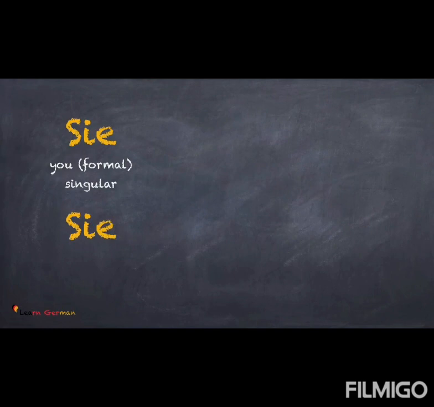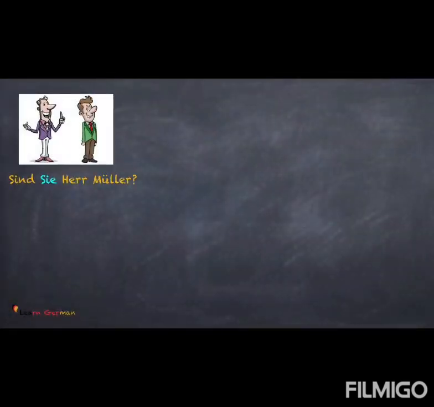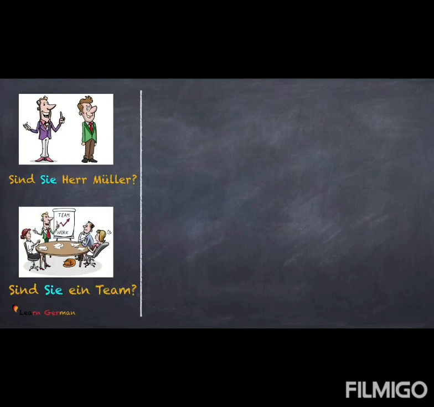So the next one is Sie in formal form, singular and plural. For both of them, the possessive pronoun is the same, Ihr or Ihre. Let's see their usage. For the first situation, where it's Sie singular: Sind Sie Herr Müller? For the second situation, where it's plural: Sind Sie ein Team?